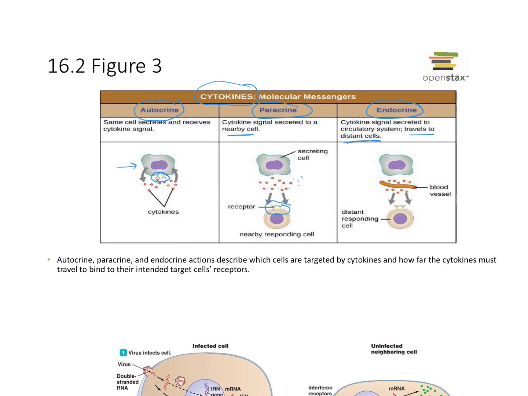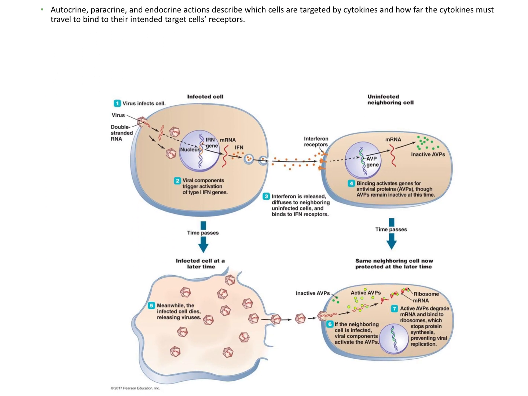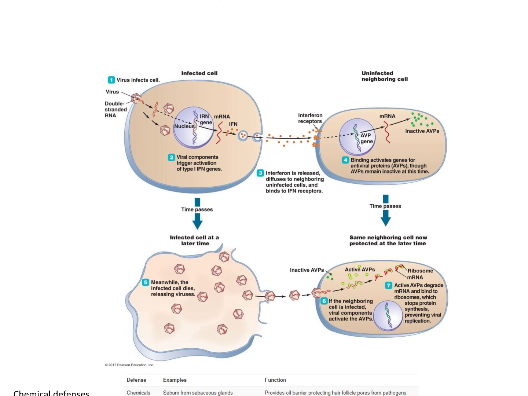Okay, then to finish up today talking about our chemical defenses, I wanted to show you a little bit more about how those alpha and beta interferons, which are called type 1 interferons, primarily act. Interestingly enough, they don't act on the cell that really needs it the most.